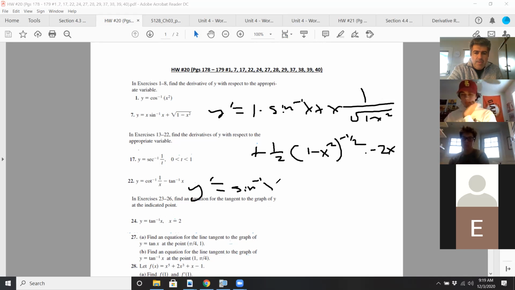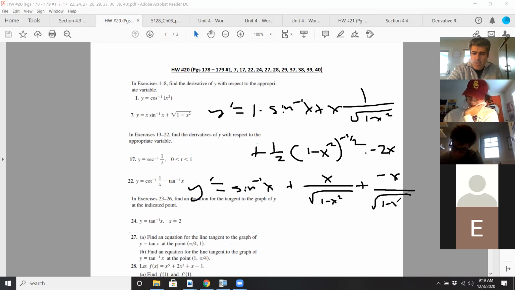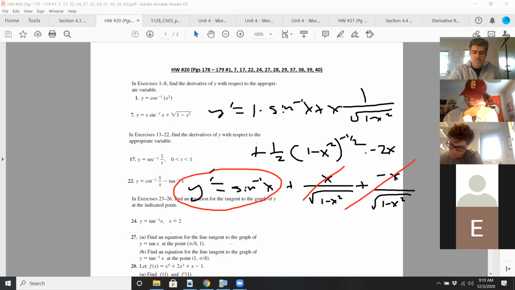So you have that plus x over root 1 minus x squared plus, now you have 1/2 times -2, so it becomes -1 up top, and there's an x there. And you have something raised to -1/2 power, so it's on the bottom, and it's a square root. What happens to those two fractions? They cancel. Leave it just that.